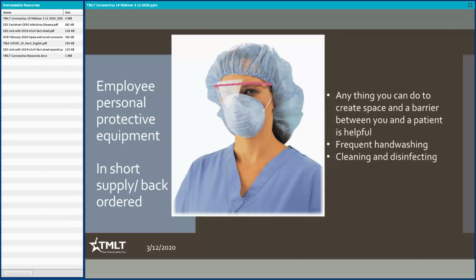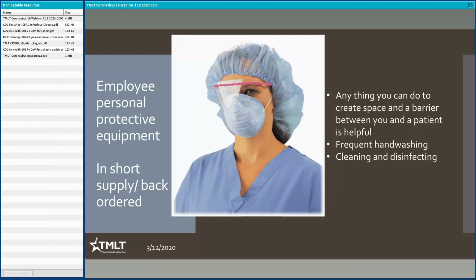I've already mentioned that employee personal protective equipment, or PPE, is in short supply or back ordered. Anything that you can do to create space or a barrier between you and a potential coronavirus patient is helpful.